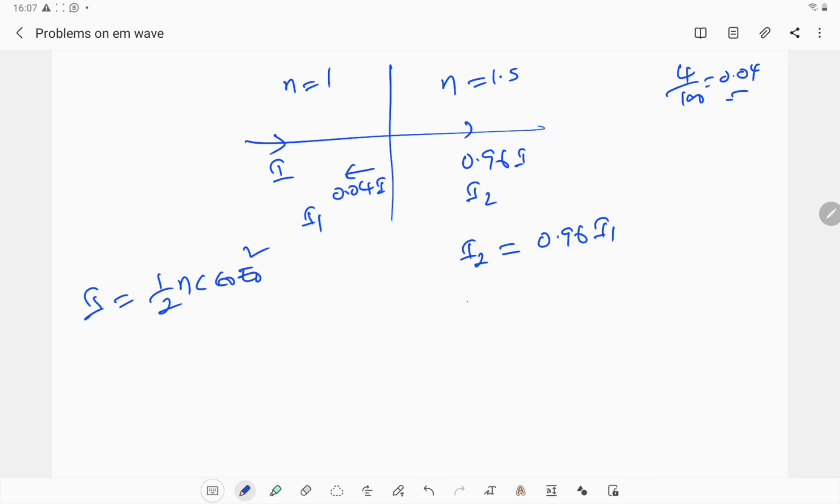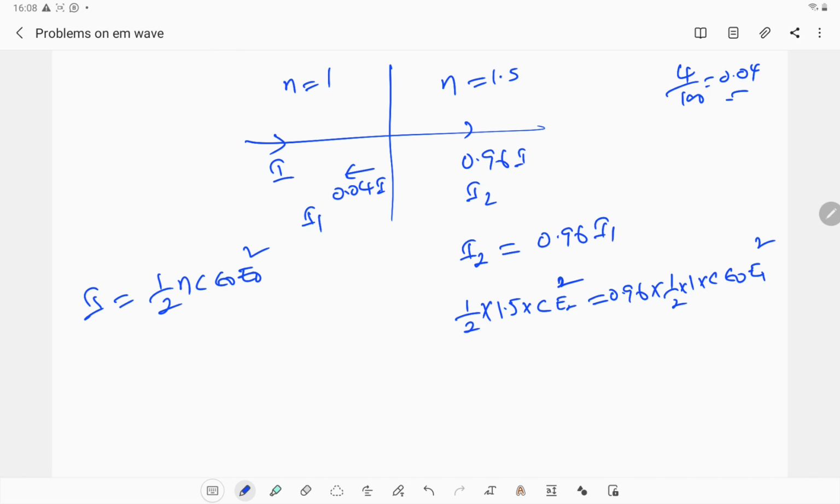Therefore, I2 means in this 1 by 2, n is 1.5, into C, epsilon naught, E naught square, that is equal to 0.96 into 1 by 2, n is nothing but 1 for I1, C into epsilon naught into this I am taking E1 square. See, this one is E2 square.